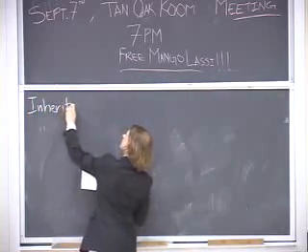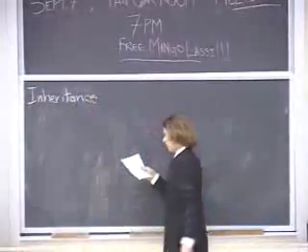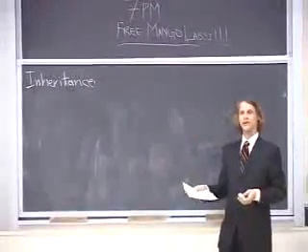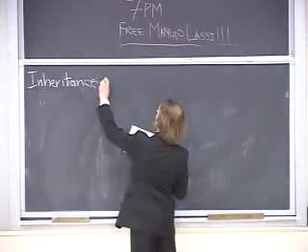Object-oriented languages usually have something called inheritance, which means that a class can inherit properties from another class, from a more general class.